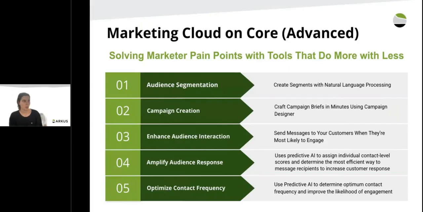So what we saw in the demo, I've really only brushed upon it, but there's so much more you can do with this platform. We've created segments using natural language processing. We've easily drafted a campaign brief in minutes. Then you can approve that brief immediately in the platform. Then you can also add the email, SMS, different channels, and test where your customer is most likely to engage with that experiment. And then something that we didn't have time in this webinar to show, there are also different Einstein features.